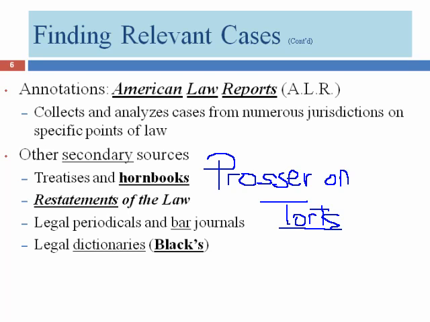And now it's called Prosser and Keaton on torts because Dean Prosser has passed away, and Mr. Keaton is now the maintainer of the book. He's also well regarded, but doesn't quite have the stature of Dean Prosser.